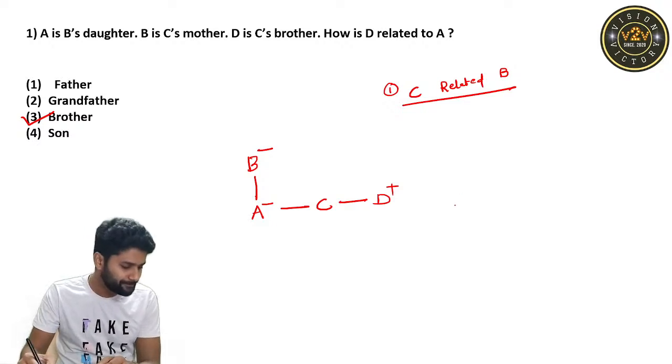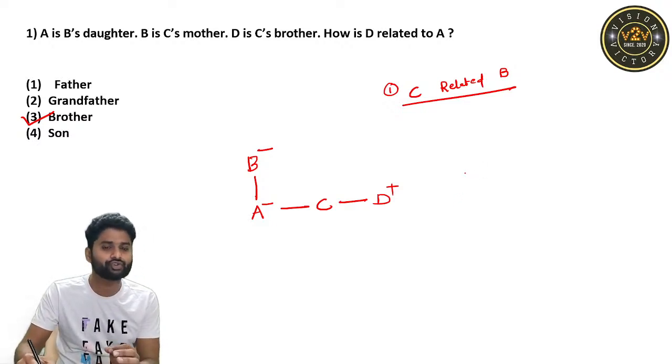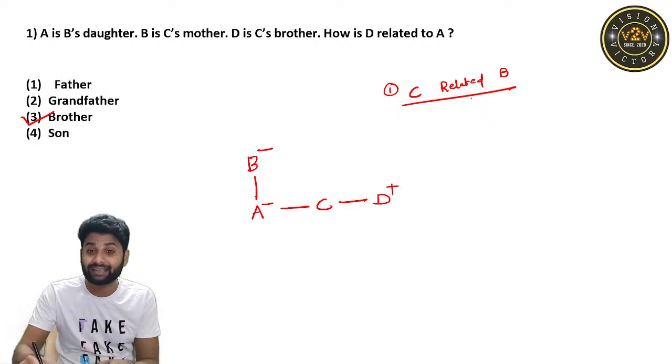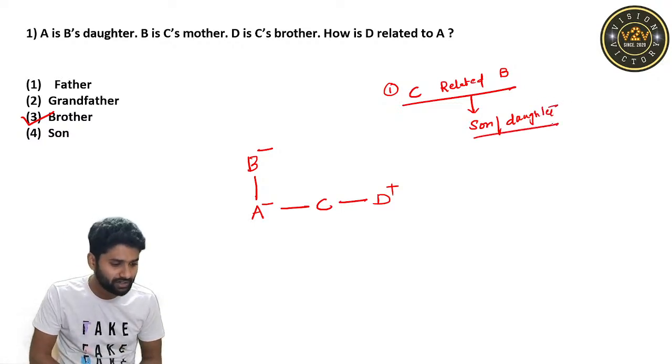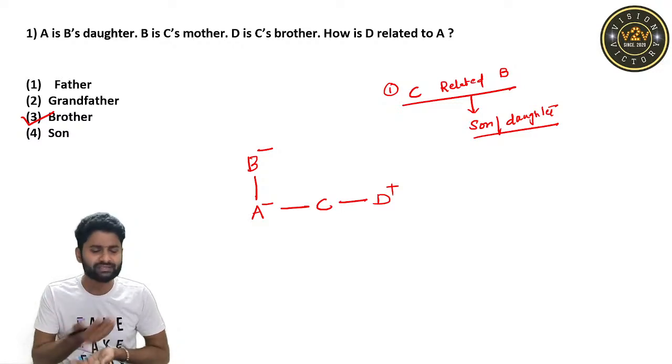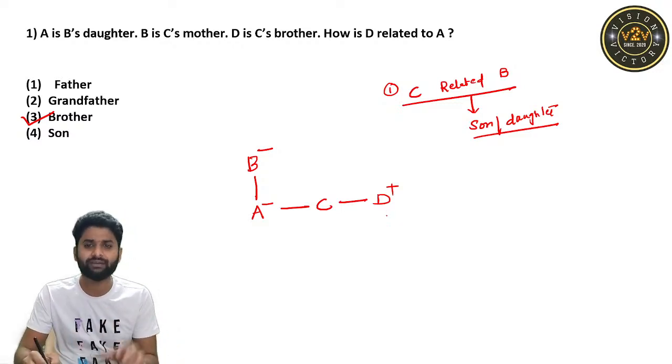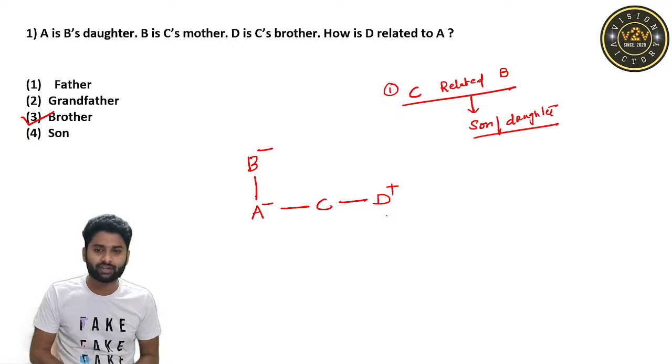C related to B. Guys, we are not sure of the exact relation. It can be a son or daughter. Very good, Nana. Why? Because we don't know the gender, right? That's why it can be a son or daughter. Very good, Nana, Suresh. Gender is unknown, right? So we cannot determine, but the relation can be either son or daughter.